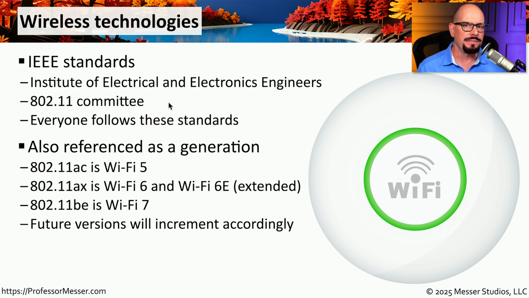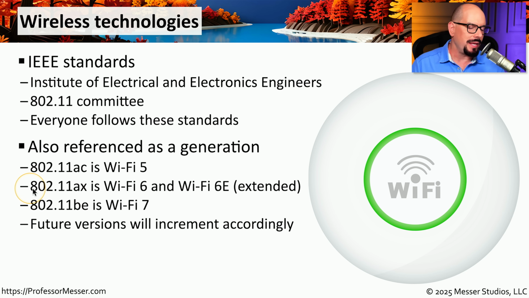However, the 802.11 committee realizes that using the 802.11 name along with a series of letters to designate what version of the network it happens to be might be confusing for some. So in order to make this a bit easier to follow, they've changed the naming convention so that the 802.11ac standard is also called Wi-Fi 5.